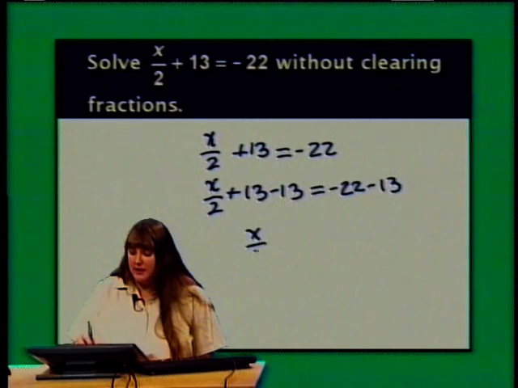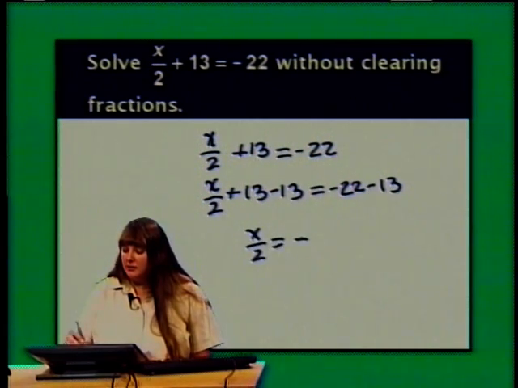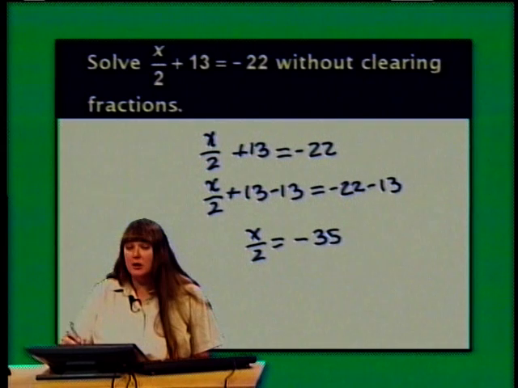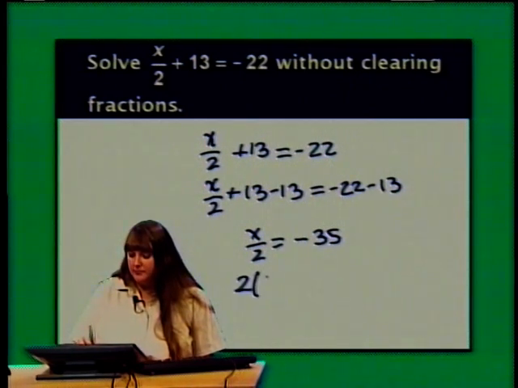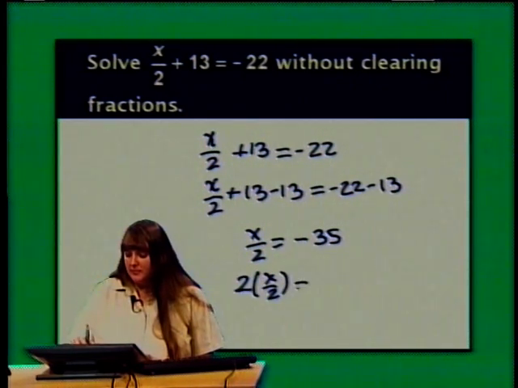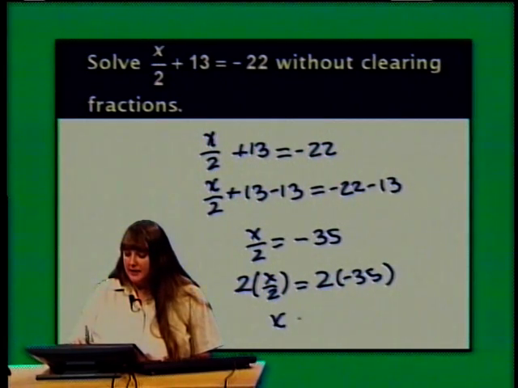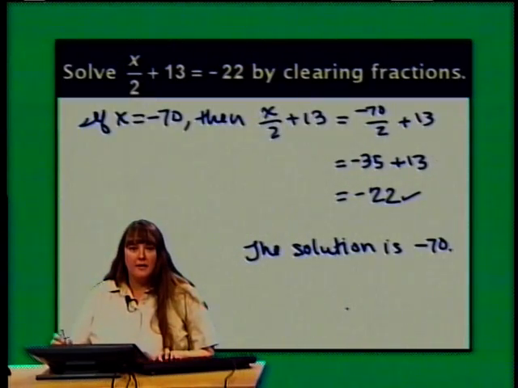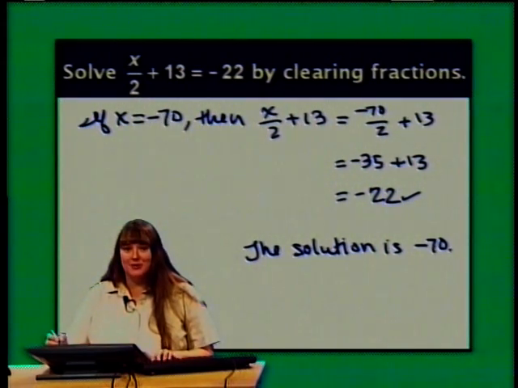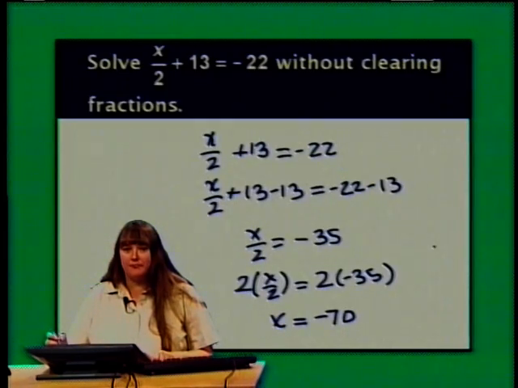That leaves me with x over 2 equals negative 35. Now to isolate x, I can multiply both sides of this equation by 2. And that gives me x equals negative 70. That's what I just checked. When x was negative 70, my proposed solution checked. The solution is negative 70.